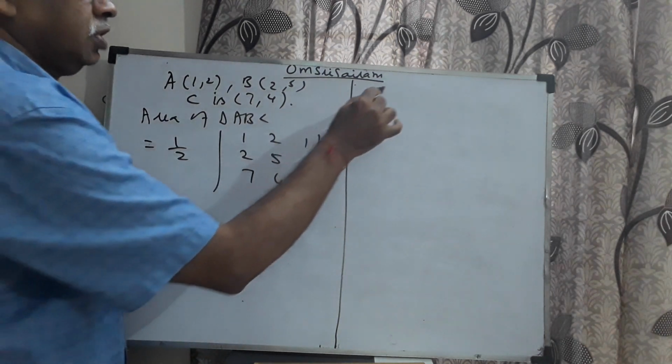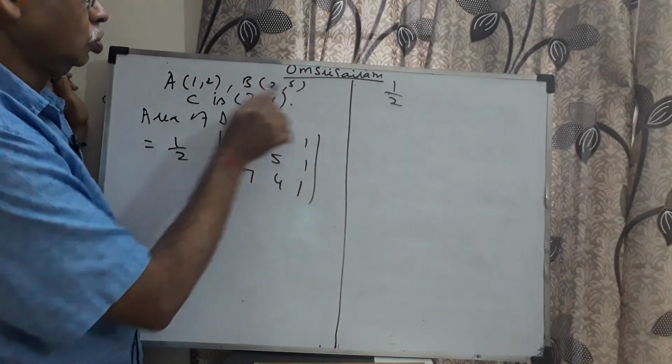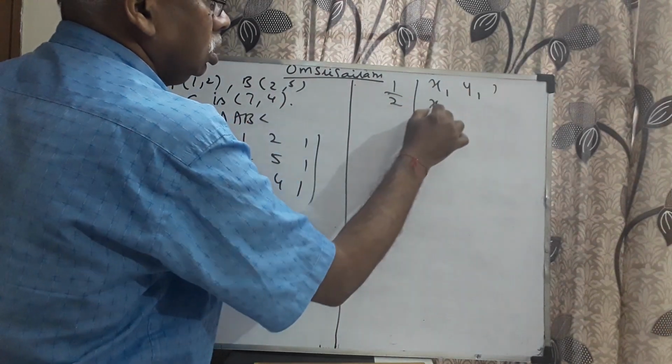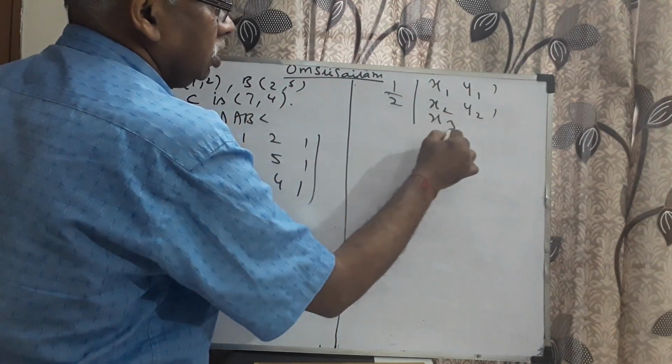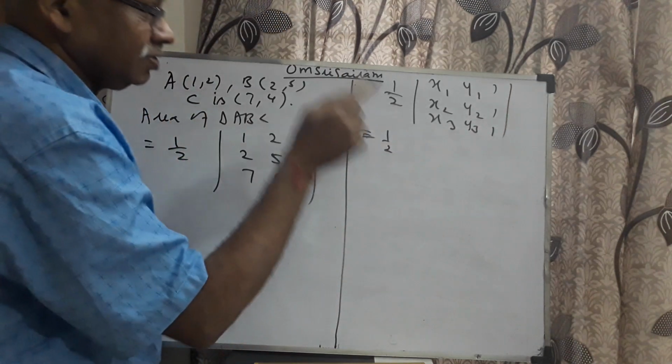I'll just recall here the formula. If the vertices are (x1, y1), (x2, y2), (x3, y3), it is the determinant x1, y1, 1, x2, y2, 1, x3, y3, 1. You might have seen this in 11th standard.